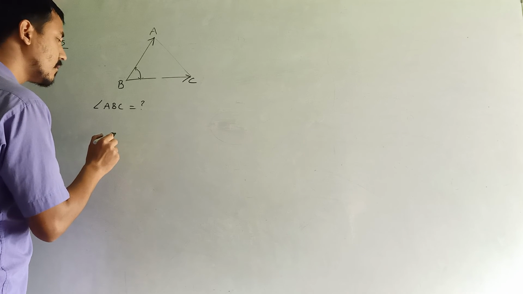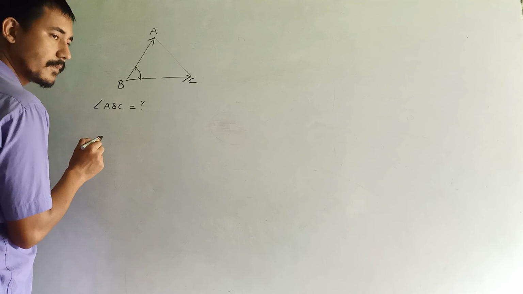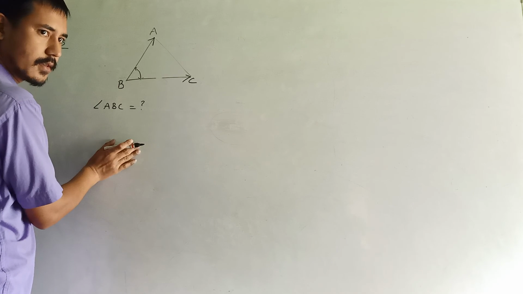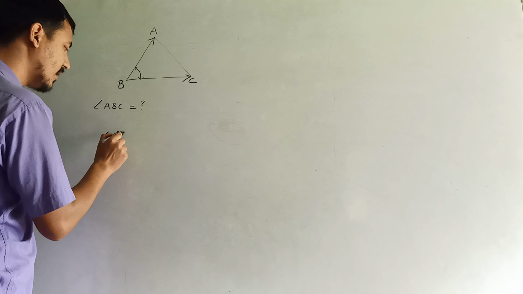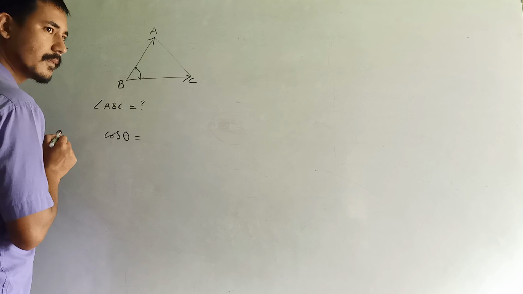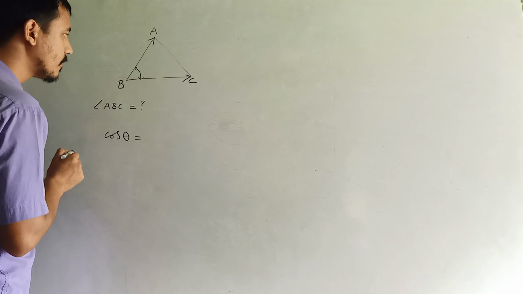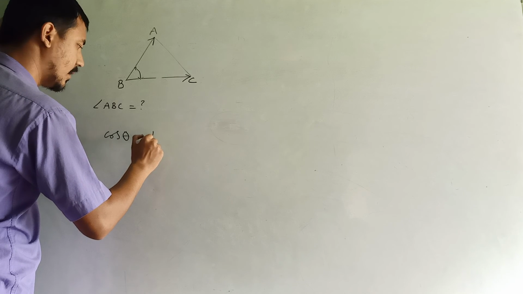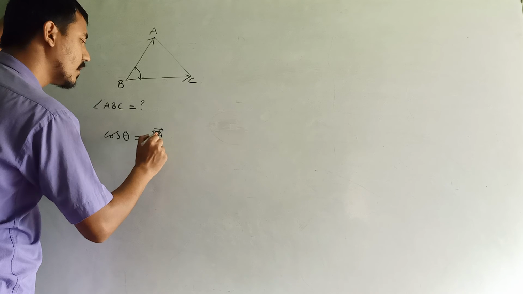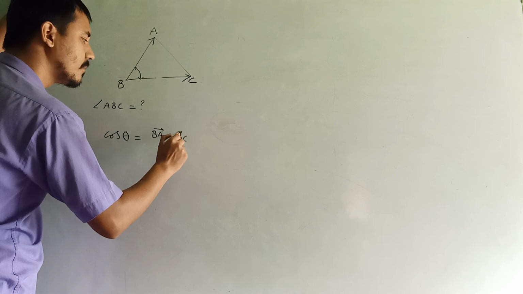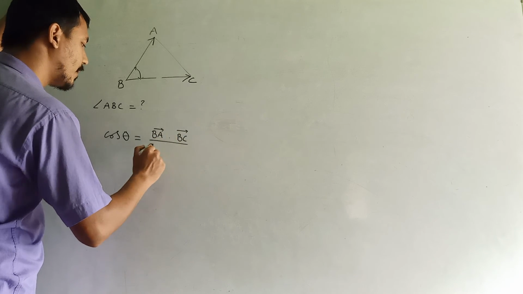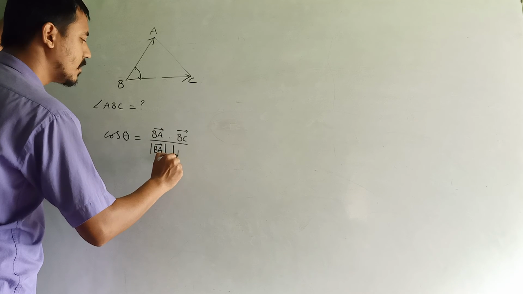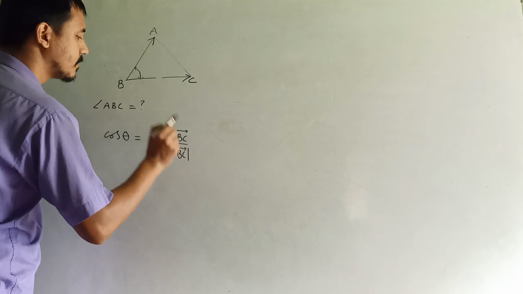So according to the definition of dot product, let me write the definition. Cos theta is equal to vector BA dot vector BC upon magnitude of BA times magnitude of BC.